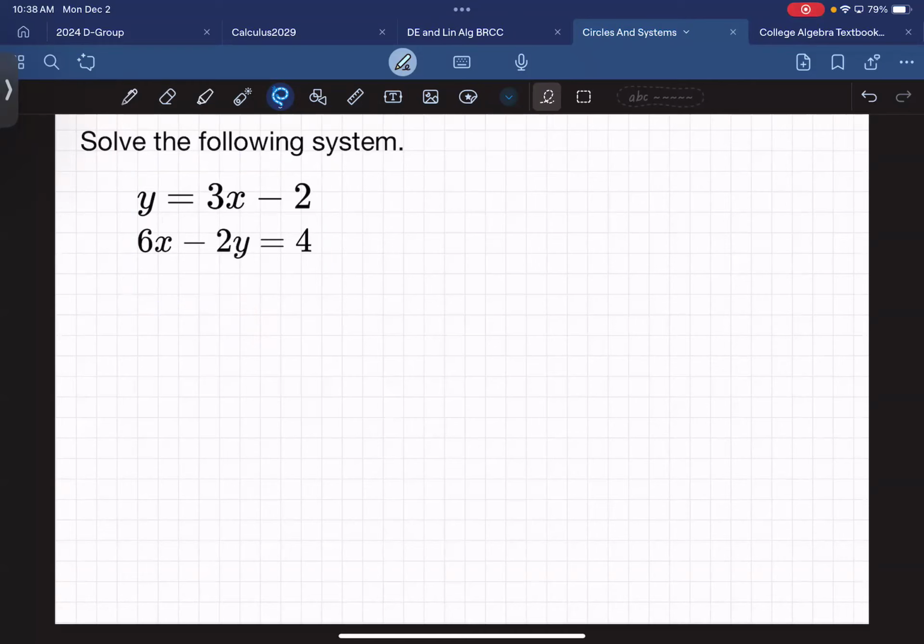What stands out to someone as we go to solve this one? Y by itself, or slope intercept form, right? Solve for Y, slope intercept form.